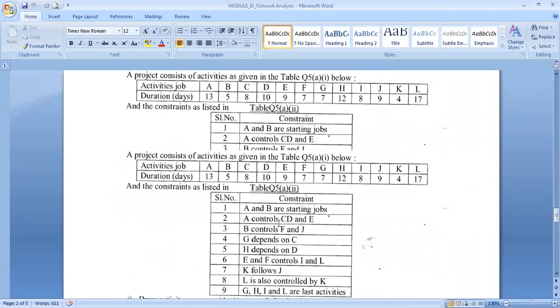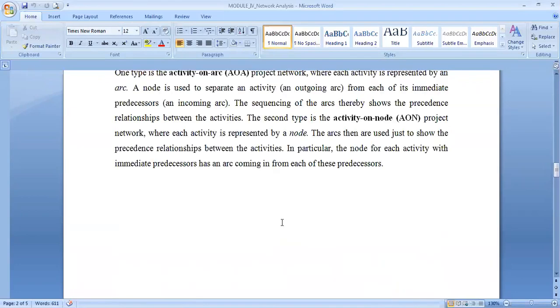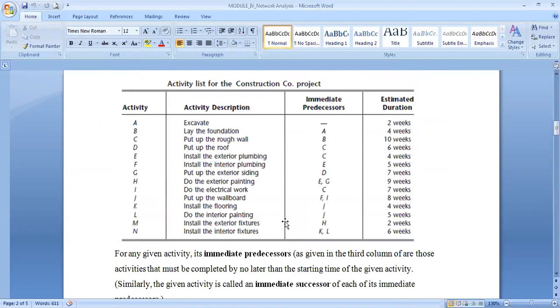So like that in the examination problem, information is given like this. So here there are activities and immediate predecessors. Immediate predecessor means interdependency of various activities. For example, if you take the first activity, that is excavation.